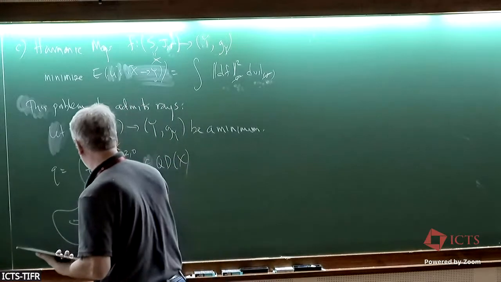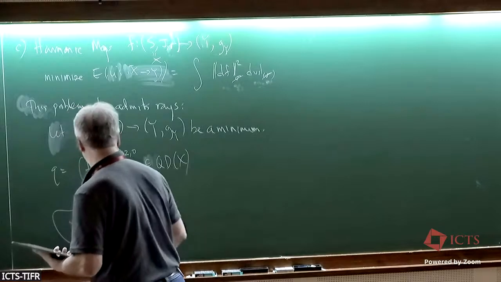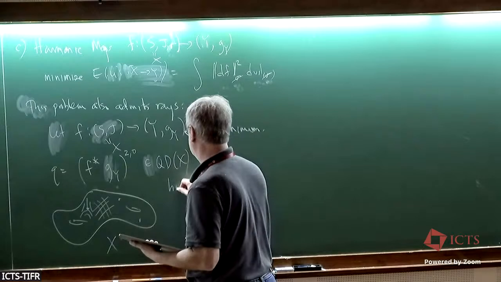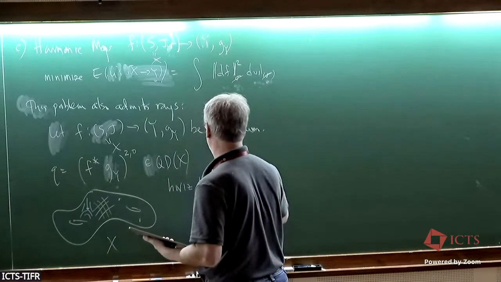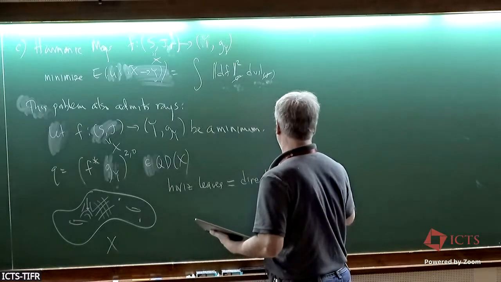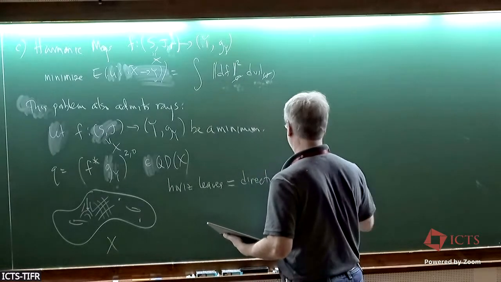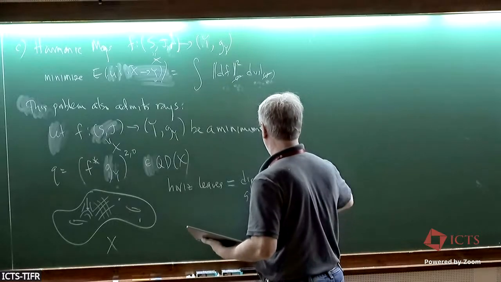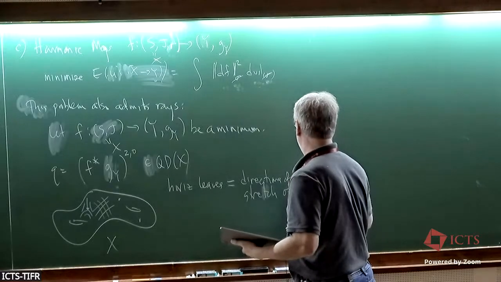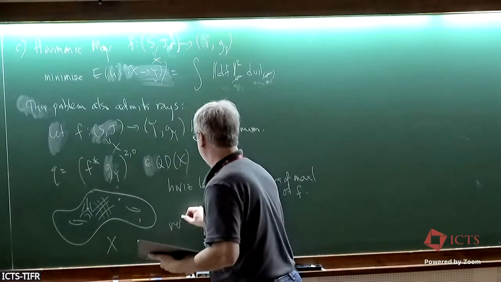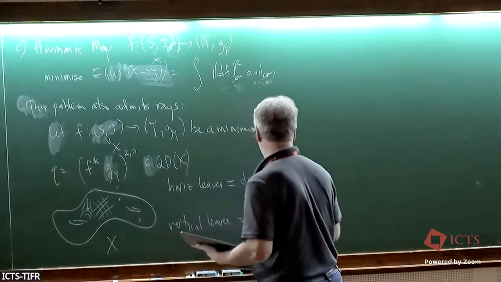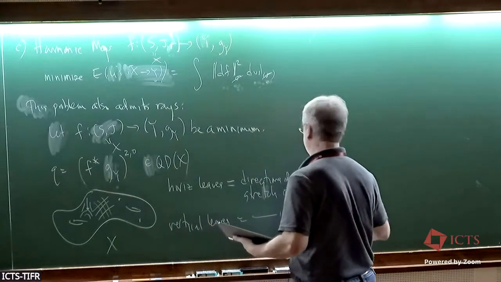And once again, of course, we have singular points. And so the meaning here is that these horizontal leaves are exactly the directions of the maximal stretch of this energy minimizing harmonic map f, and the vertical leaves are the directions of minimal stretch.